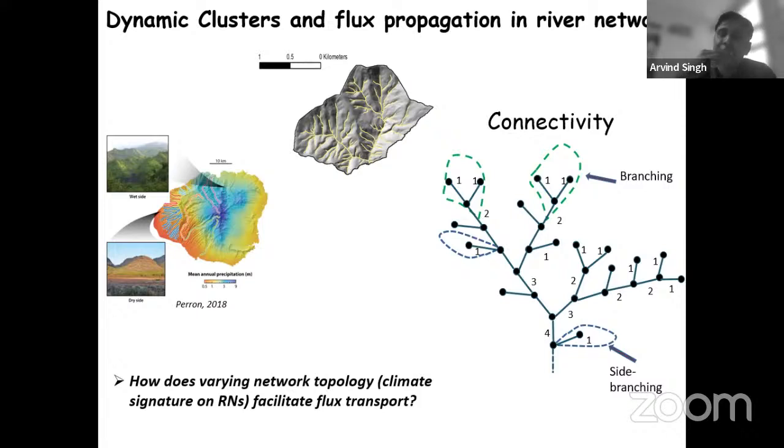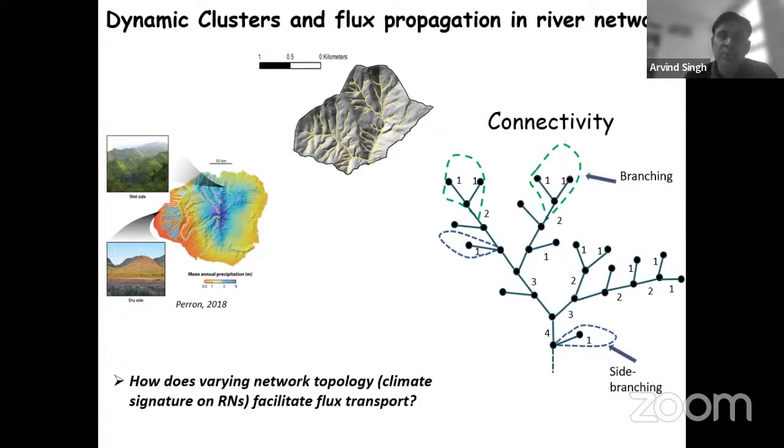For that, we can again use this connectivity structure, where we define branching channels as channels merging of the same order, and side branching channels as channels merging of different orders.